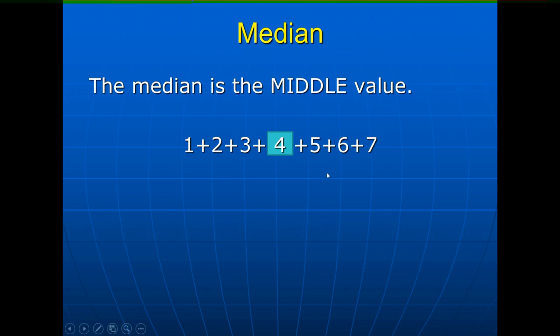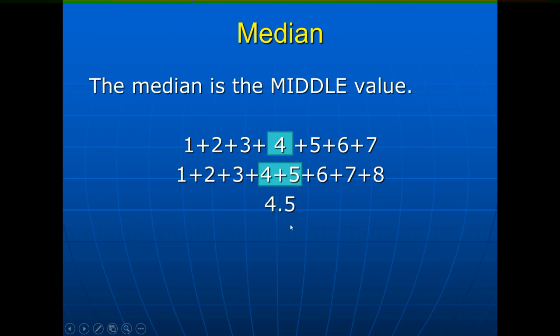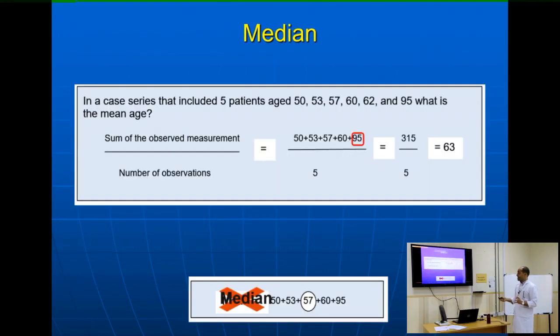If your data set has an even number of values, I choose here from 1 to 8, you can't just say the median is 4 or 5, but we say 4 plus 5 equals 9 divided by 2, so the median here is 4.5. I'm going to give you this example to understand. You will understand more. Okay.